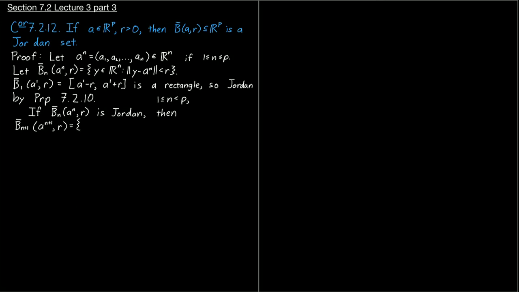Let's just note that that is the set of all points (y,t) in R^(n+1), such that y is in the ball in Rn, and also we can write with square roots, r squared minus the squared distance from y to a^n.